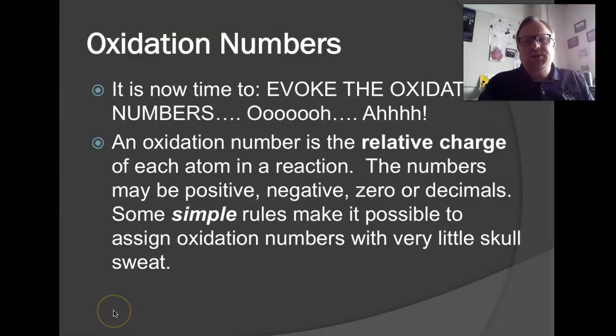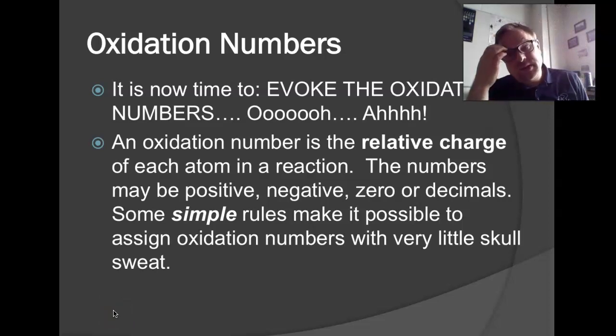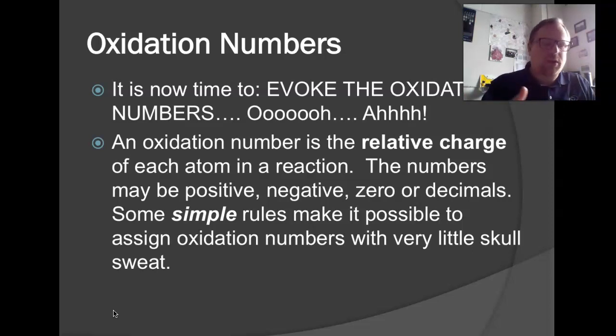An oxidation number is a really valuable tool, and once you master this, it's very simple to work with an oxidation number to determine whether an entity has undergone reduction or oxidation in a chemical reaction.